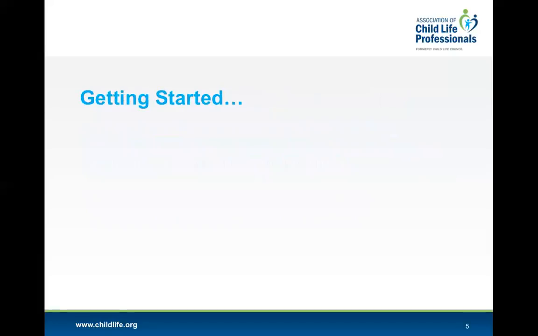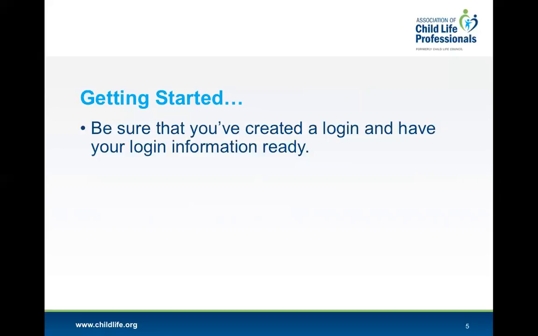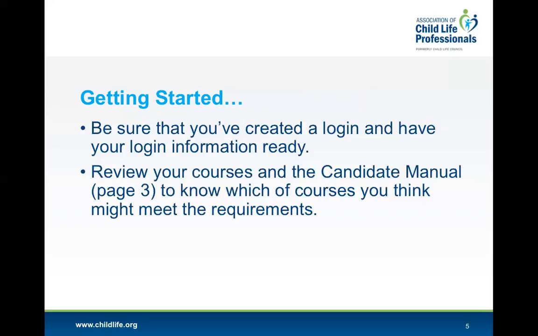So as you get ready to open an eligibility assessment and begin this process, there are three helpful things to have ready. First, be sure you've created a login on our website, www.childlife.org, and that you have your login information ready. Second, review the candidate manual. You'll hear us say it again and again, but this is an amazing resource with tons of certification information.